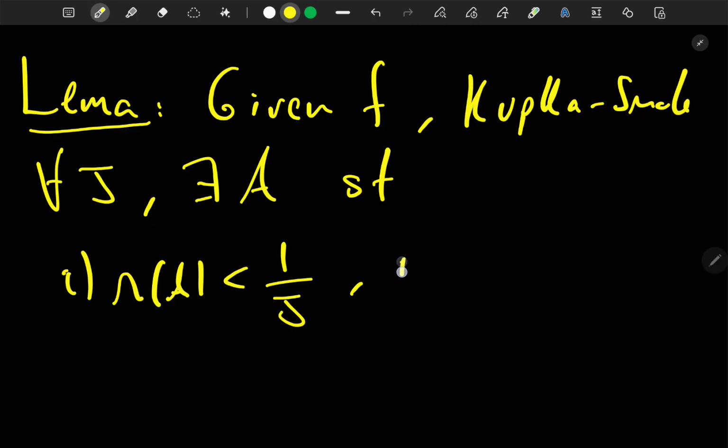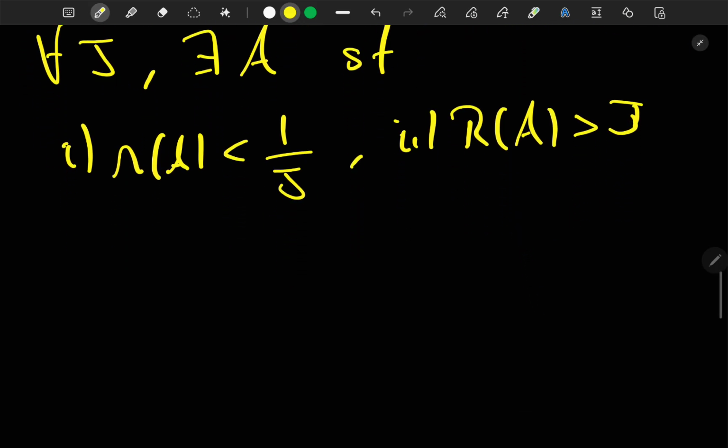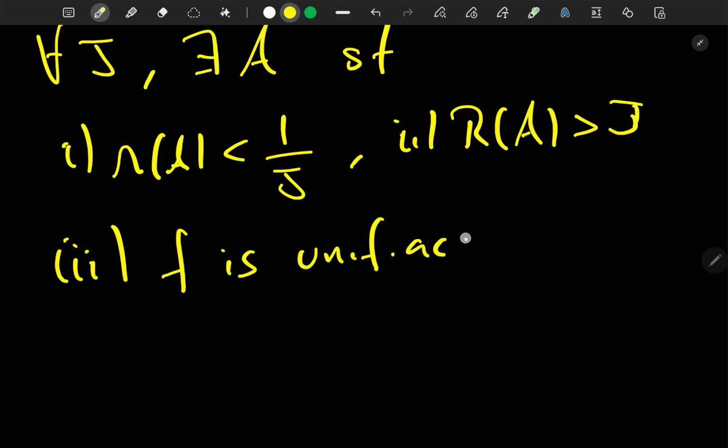The recurrence of the disks is very large. And what we have is that f is uniformly accessible mod 1/2 of the disks.